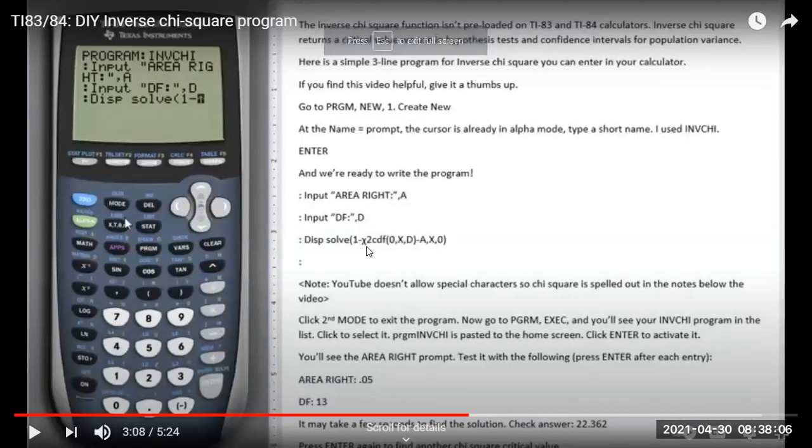1 minus chi-squared CDF. Now, chi-squared CDF is under our distribution list. So it will be 1.